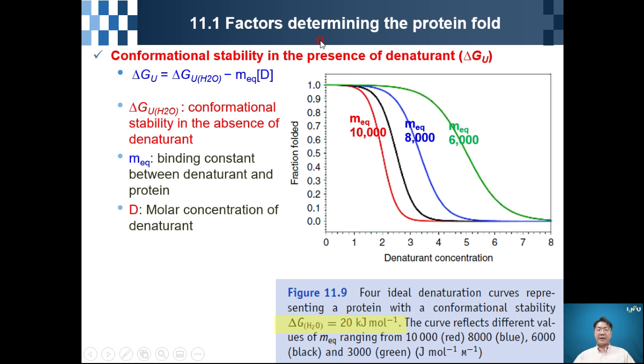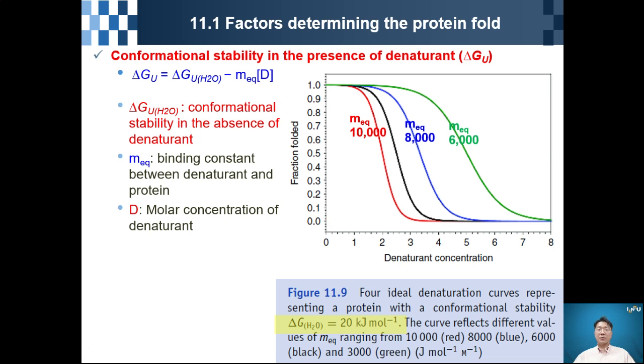In this graph, the x-axis is denaturant concentration and the y-axis is fraction folded. 1 means all of the protein is folded, and 0 means all of the protein is unfolded.